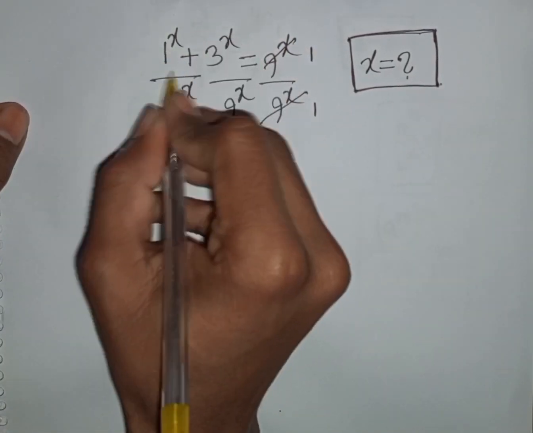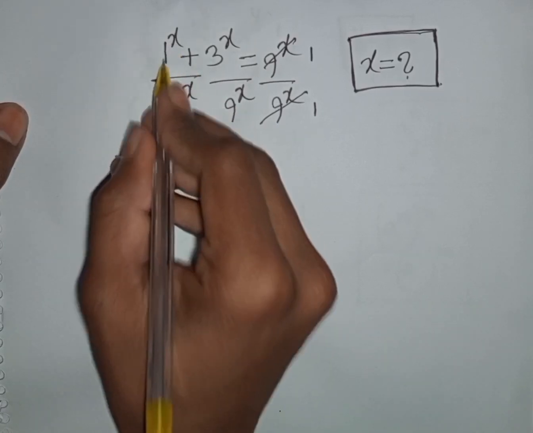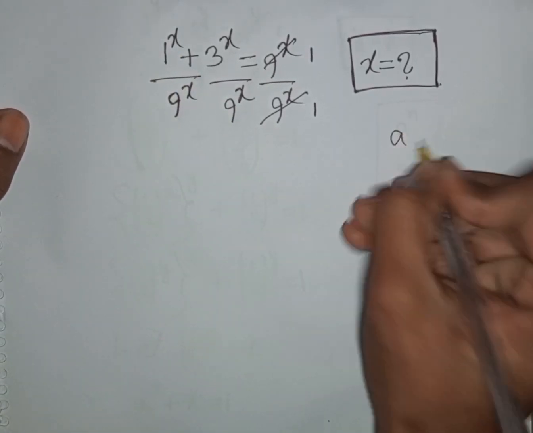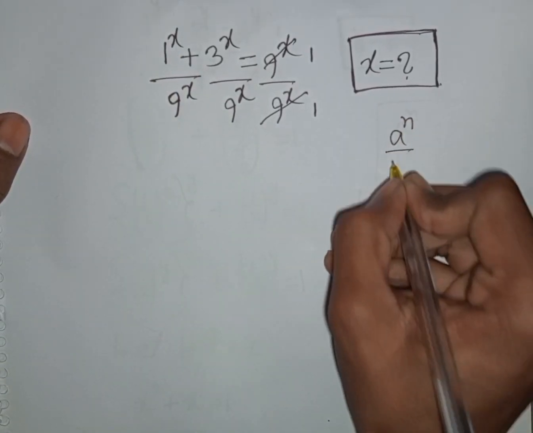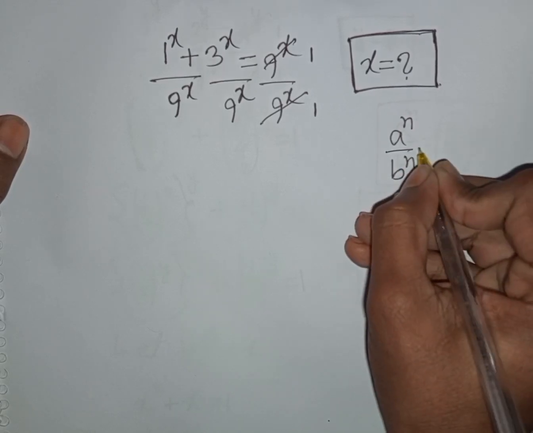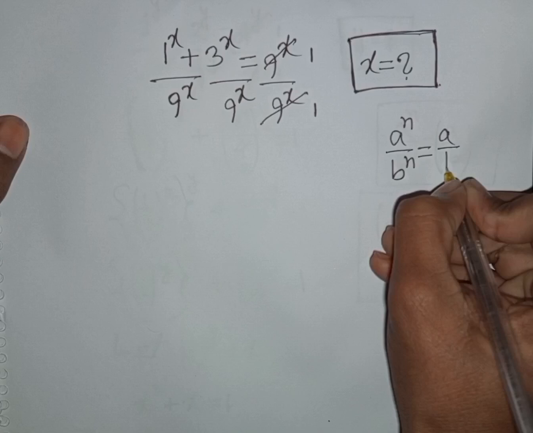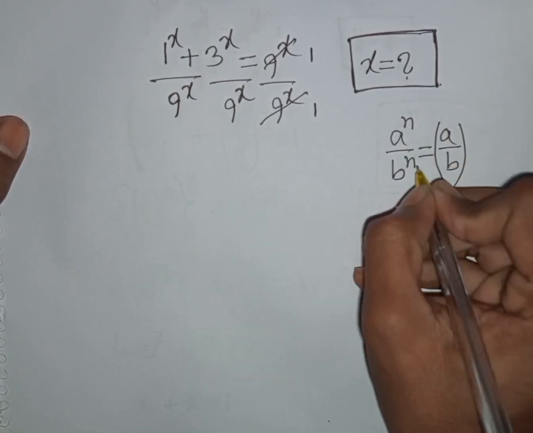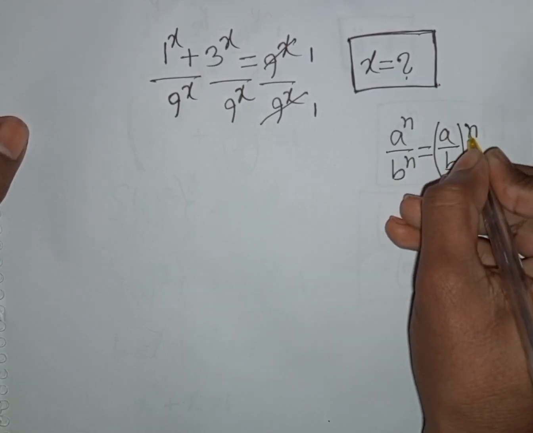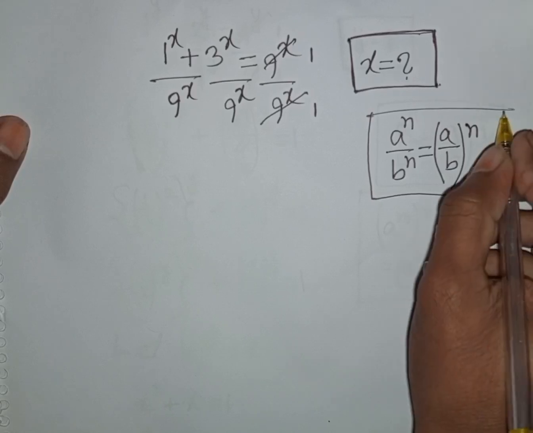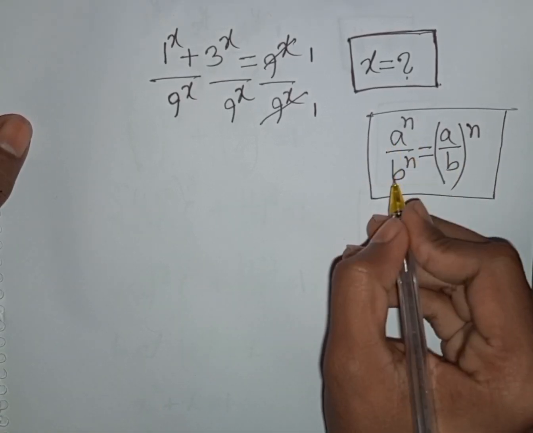Now from here we see x is the same power but different base. So according to this formula, a^n over b^n is equal to (a over b)^n, common power n. That means n is the same power but different base.